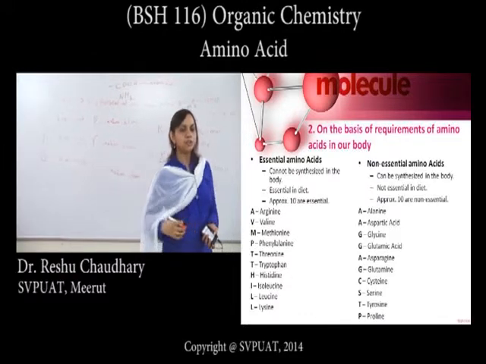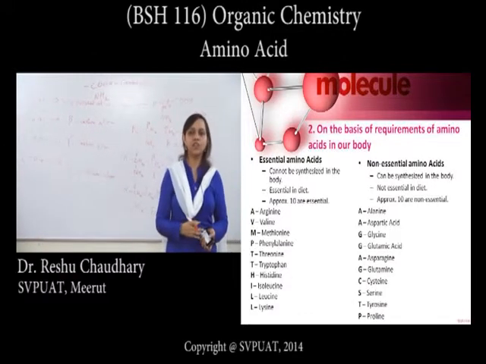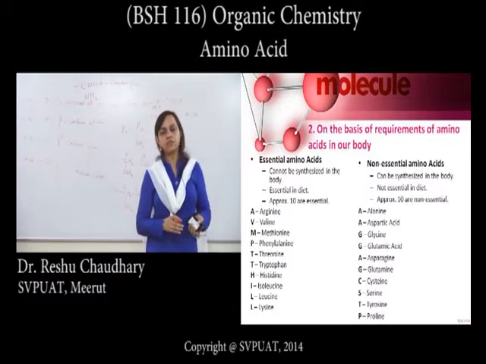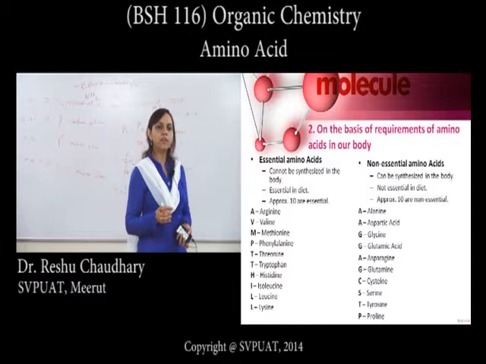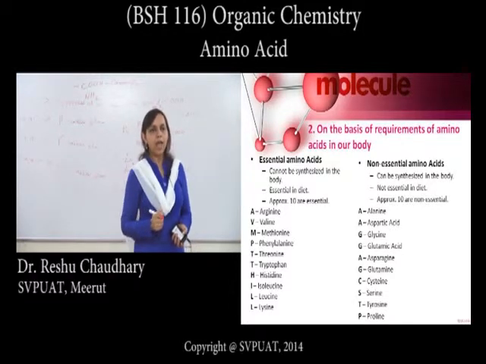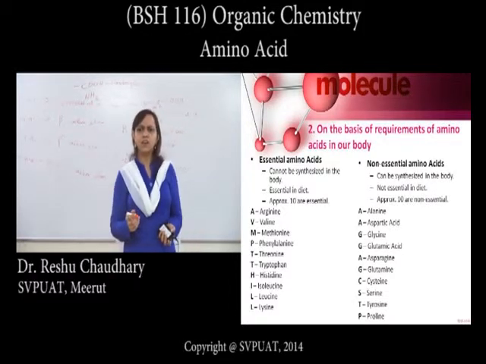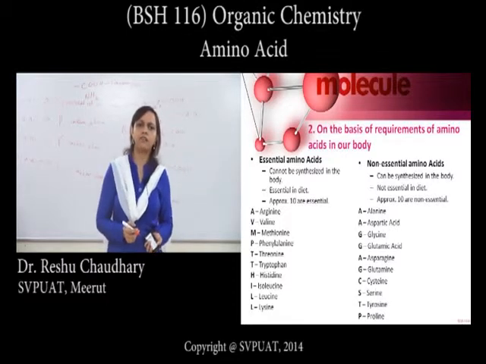Out of 20, approximately 10 are essential amino acids, and the same number are non-essential amino acids, which are formed or synthesized in our body and are not essential to take in our diet.